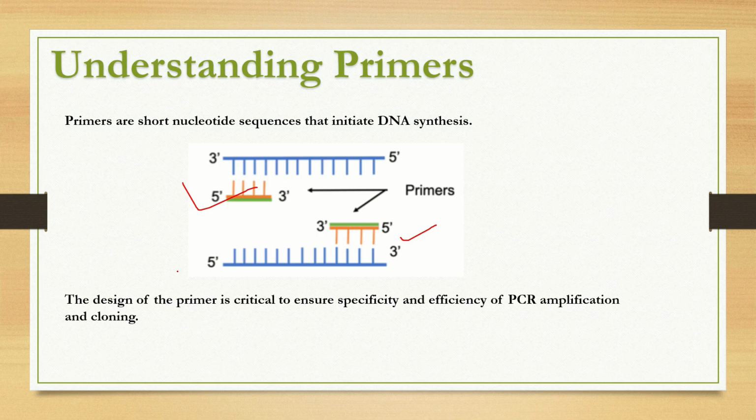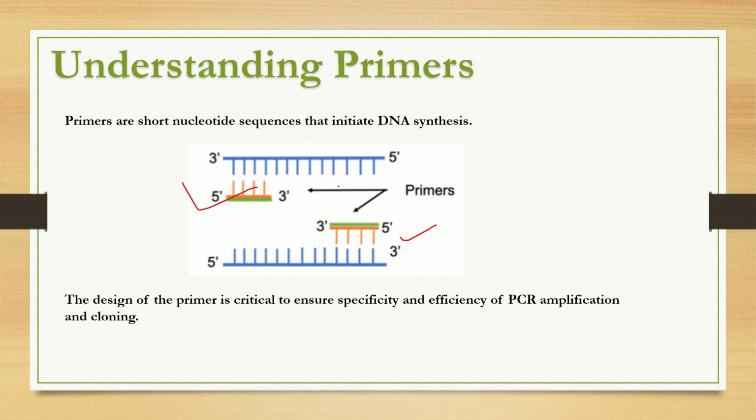Now the design of the primer is very critical to ensure the specificity and efficiency of the PCR amplification. Why? Because if the primer which we are designing is not complementary with the template sequence, if it is not specific for the target gene sequence, this primer is going to bind anywhere, non-specifically, and that is what we don't want.